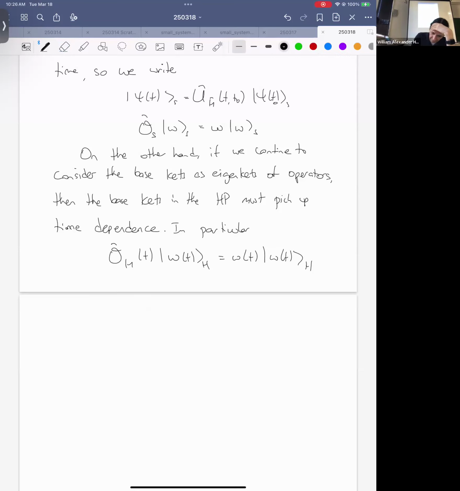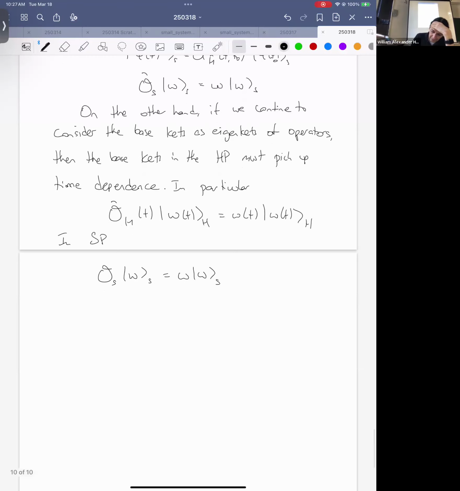All right, so in the Schrödinger picture, we have our operator in the Schrödinger picture acting on omega in the Schrödinger picture is omega times omega in the Schrödinger picture. And I'm free to hit this on the left with a U inverse. And then I can always insert a 1.